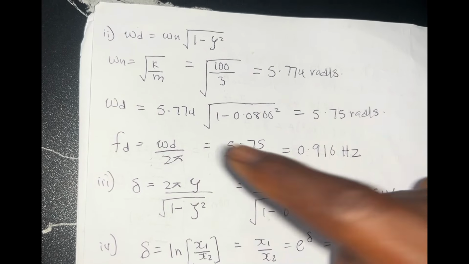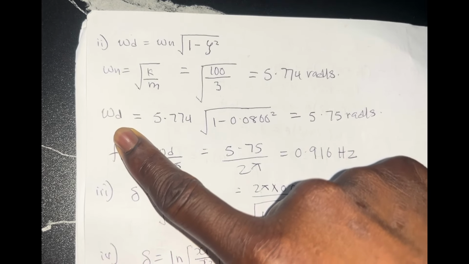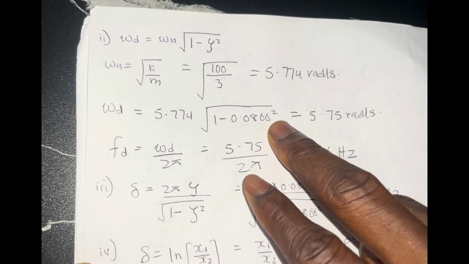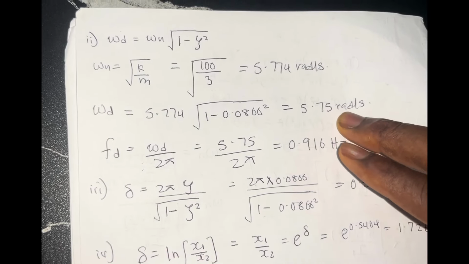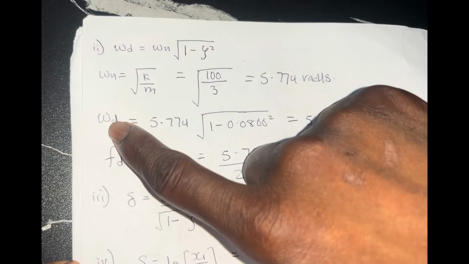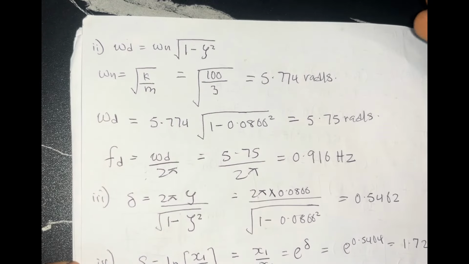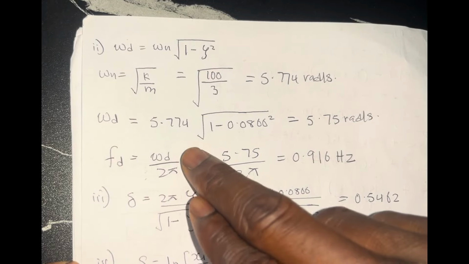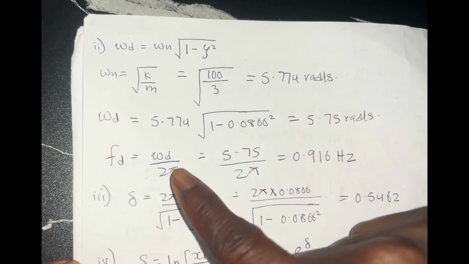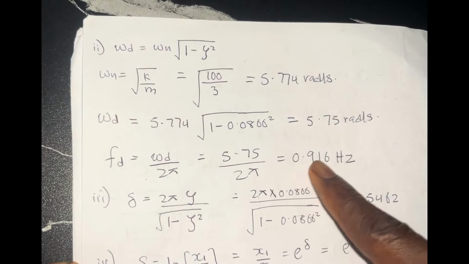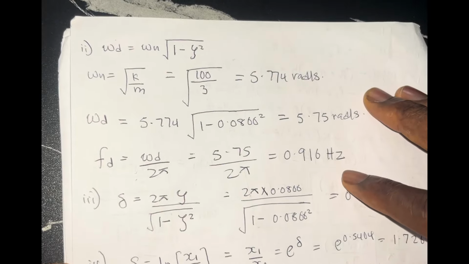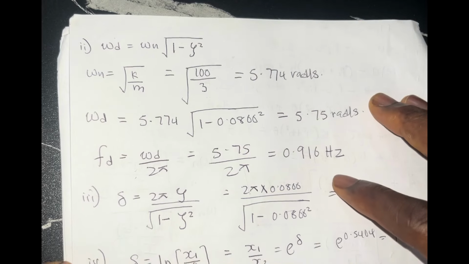Then our damped natural frequency is Wn times the square root of 1 minus the damping factor squared. We have this to be 5.75. Now we want to get the frequency itself. Fd equals omega d over 2 pi, because we know that omega is 2 pi f. From this, we have our value to be 0.916 Hz. So this 0.916 Hz is our damped frequency.